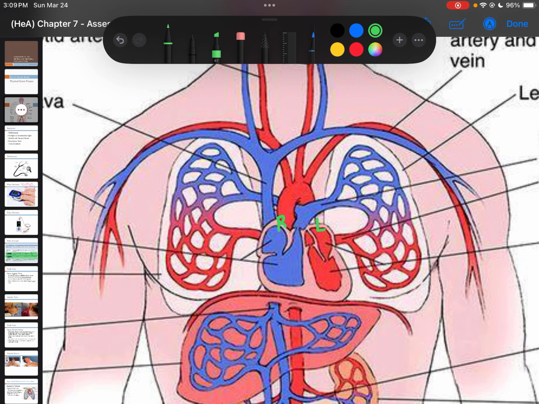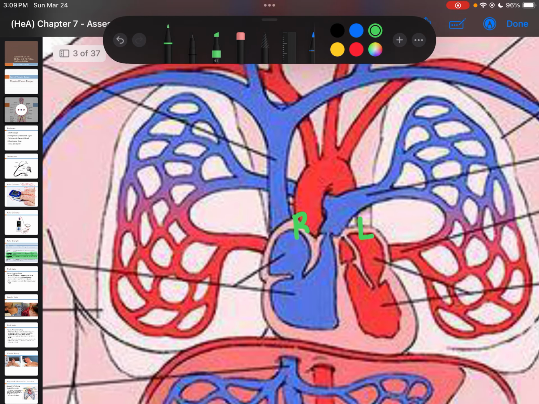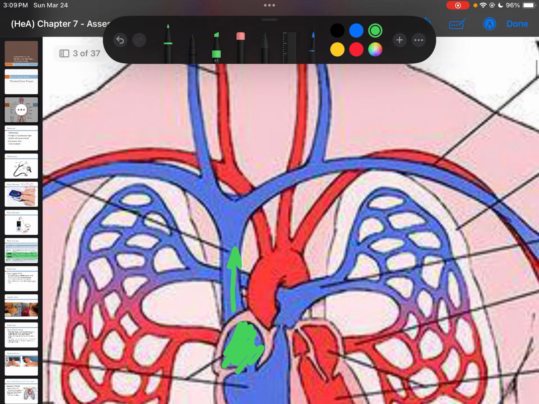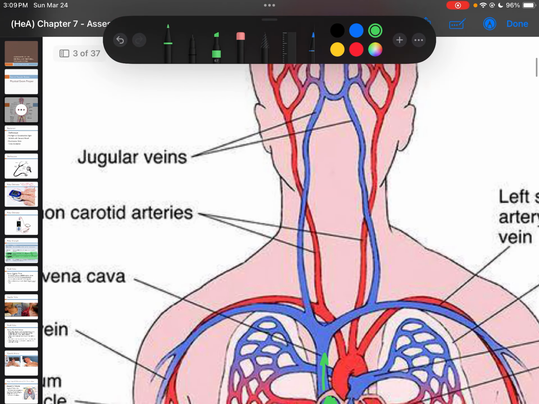Normally, as I've said, the pathophysiology for heart failure is that there is backflow. Let's say for instance that this blood here backflows. It goes back to your jugular veins.